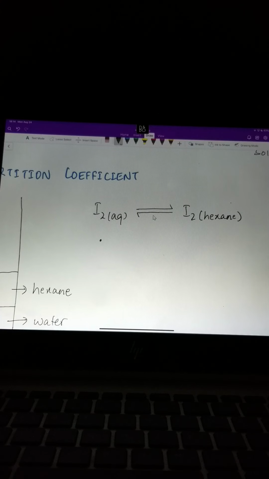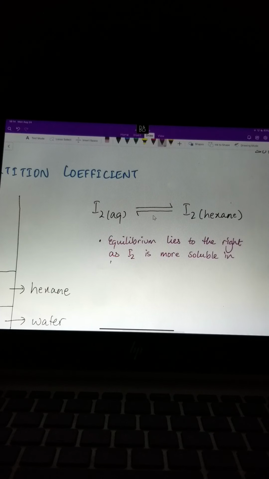So the equilibrium lies to the right, as iodine is more soluble in non-polar hexane.